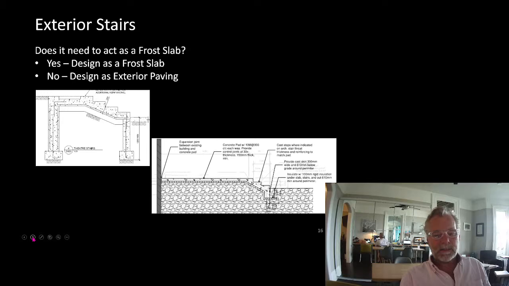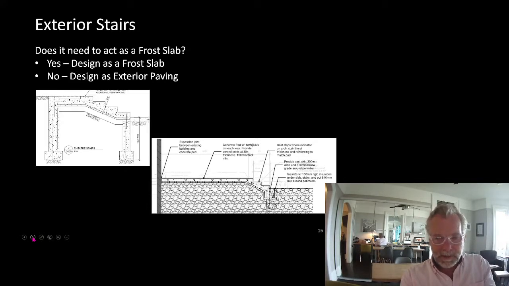Exterior stairs. So Shannon's simple rule: does it act as a frost slab? Do we need to prevent it from heaving because it abuts something and it can't move relative to that thing? Now, if it's a stair, it's not about accessibility, obviously, because it's a stair. But it may very well be a stair in conjunction with a ramp or something.